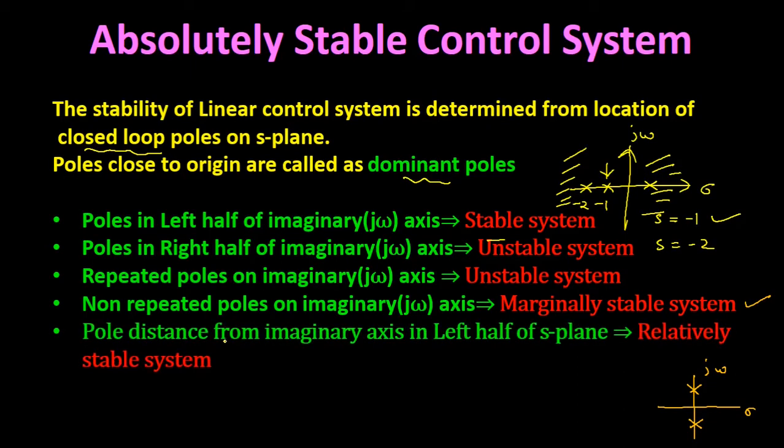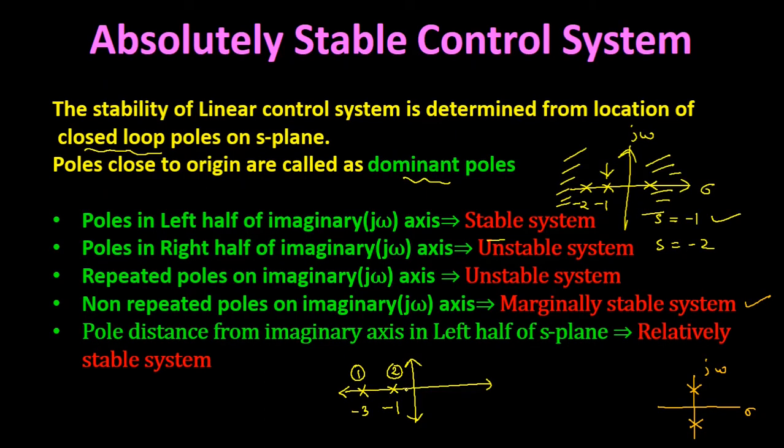Next point is pole distance from the imaginary axis in left half of the S-plane finds out the relative stability of the system. For example, one system has pole at S is equal to -3 and another system is given whose pole lies at S is equal to -1. So here we can see that the pole at S is equal to -1 lies near to the origin, whereas the pole at S is equal to -3 lies away from the origin.